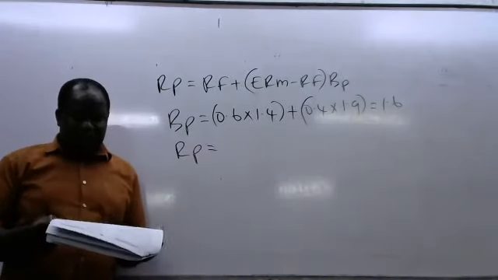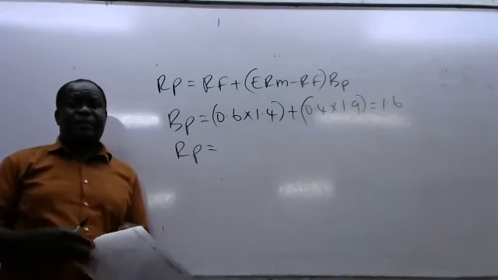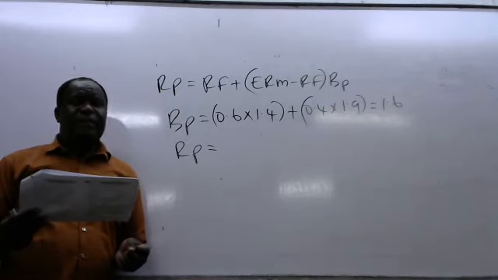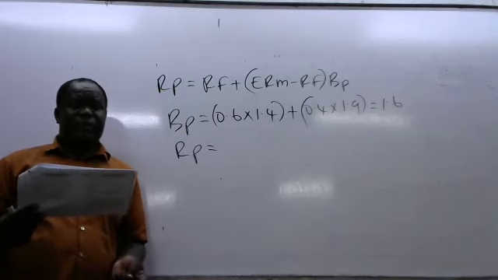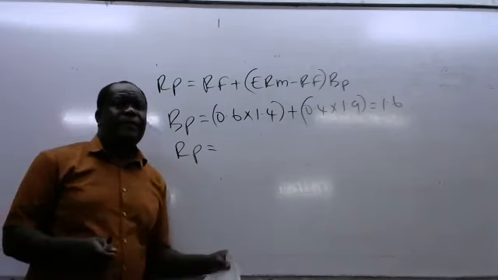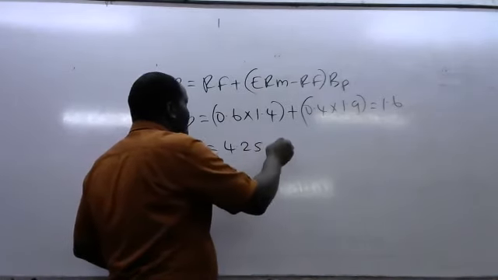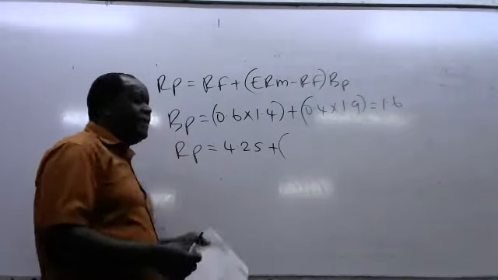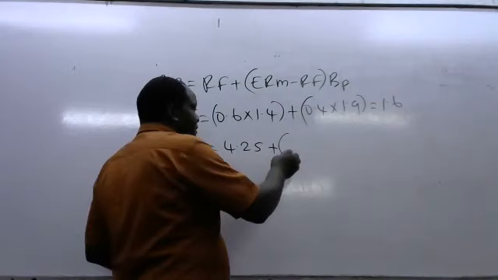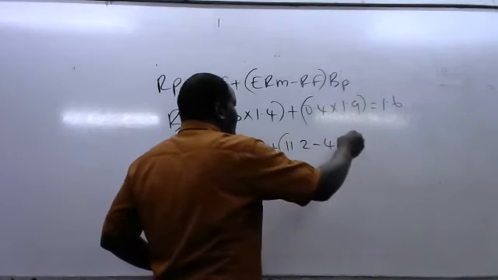So risk-free rate, go to the next page. When you go to the next page, the question had given you the benchmark market return of 11.2, while the treasury bond will carry an interest rate of what percent? So we take the 4.25, then we add in brackets. Market return is 11.2, so also subtract 4.25.